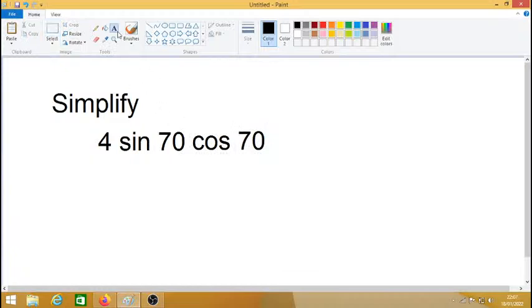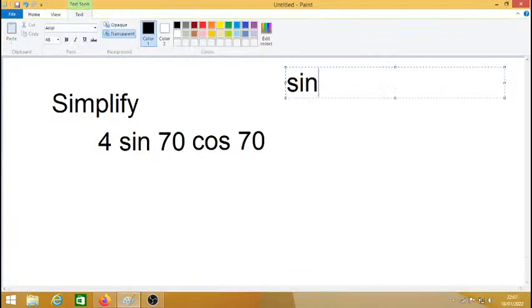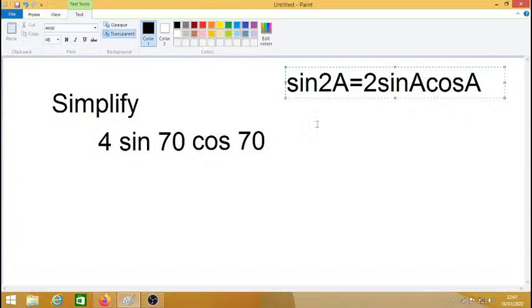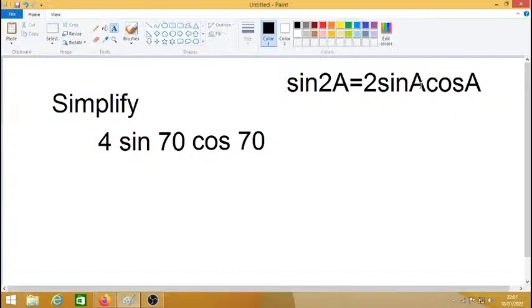So now we still need to simplify a bit more, but what you should recognize now is that I've got something that should remind you of sine 2a is equal to 2 sine a cos a. If you think of the right-hand side, your a is your 70, and on the left-hand side, it's going to have to be 140, your 2a.